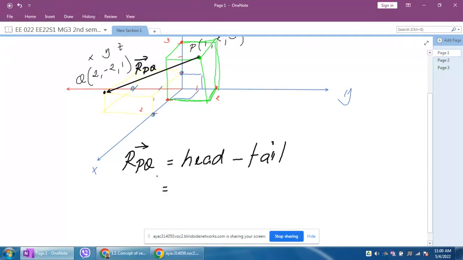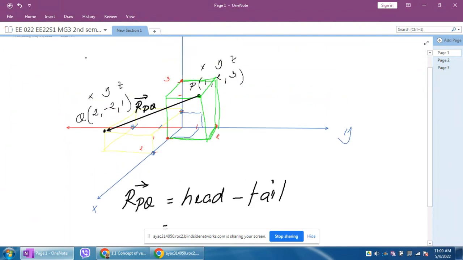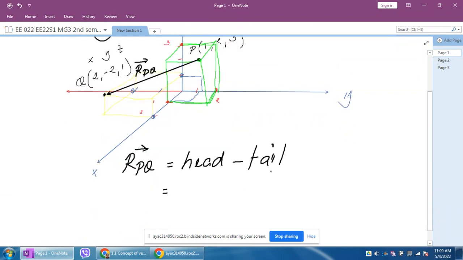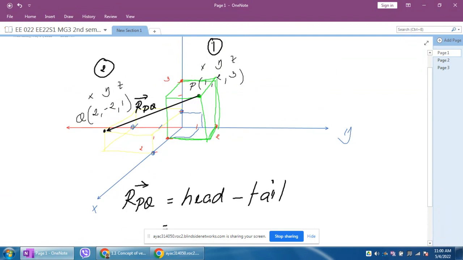So, kung ito po ang aking head, gagawin ko itong 2, ito gagawin kong 1. Para lang po mas maintindihan ninyo. So, x1, dito po, magiging x2, y2, z2, x1, y1, z1.